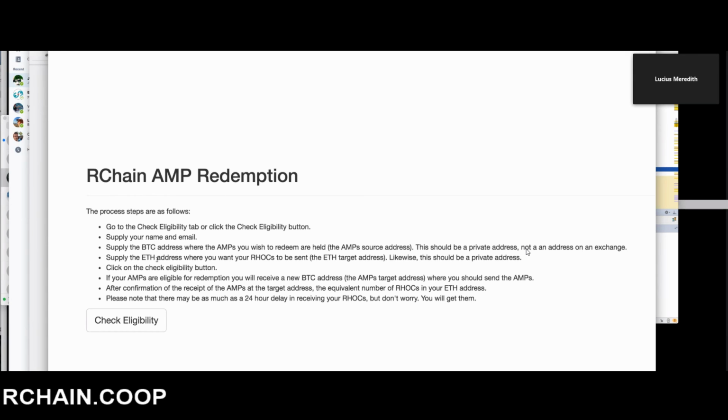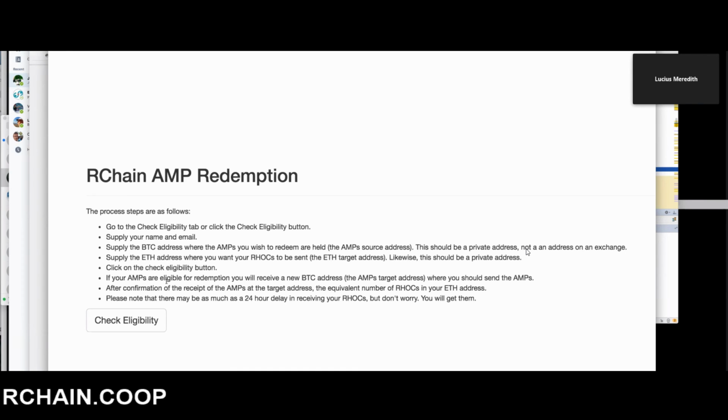This needs to be an address under your control, not an exchange address. You also supply an Ethereum address where you want your rocks to be sent. This should be a private address under your control, not an exchange address. So repeat, the AMP source address is a private address, not an exchange address. The ETH address is likewise under your control. That's the ETH target address where you will be receiving your rocks.